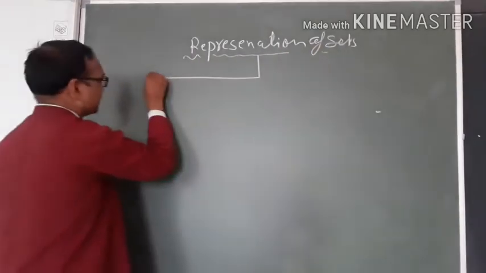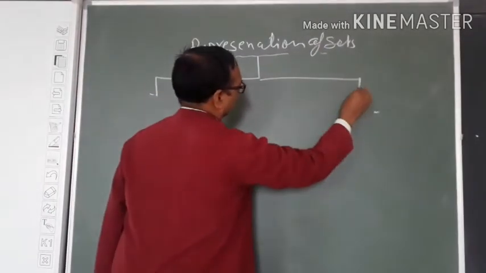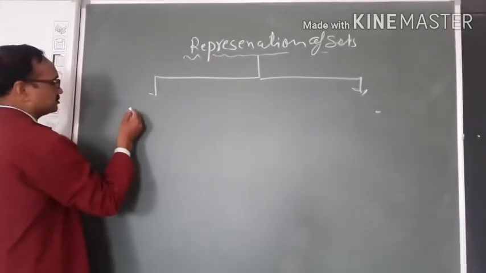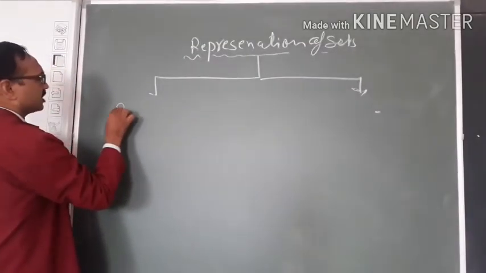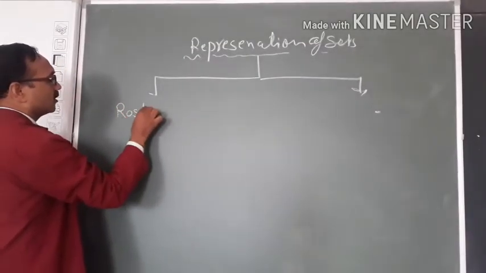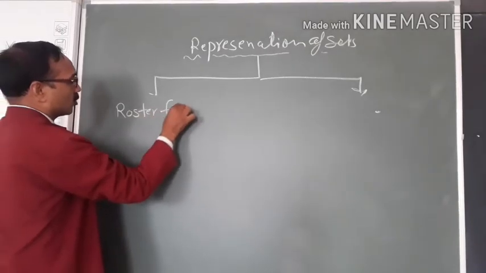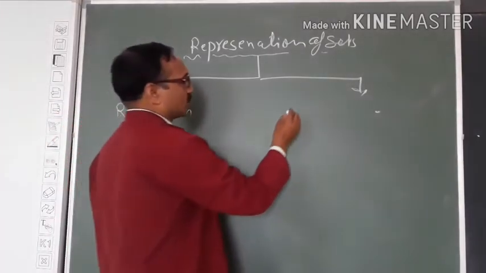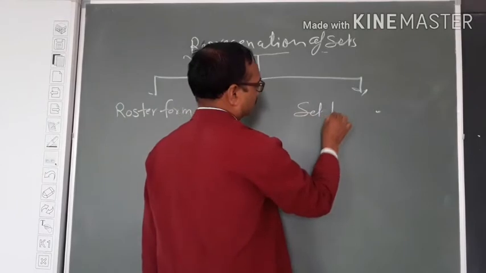A set is represented in two forms. One is called roster form and the other is called set builder form.